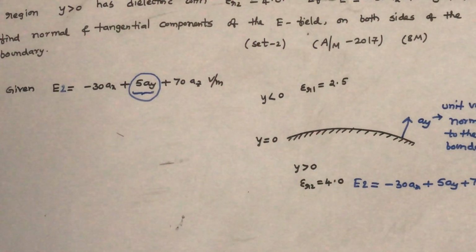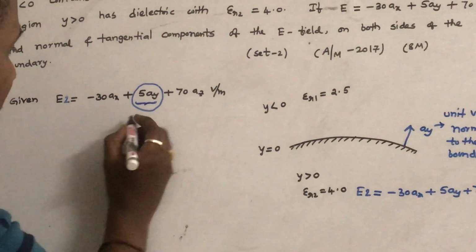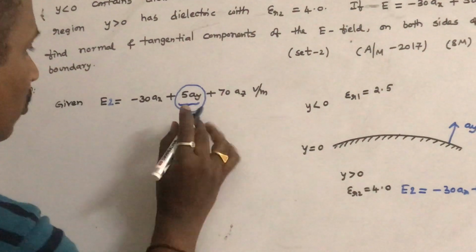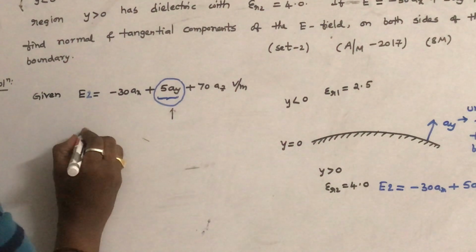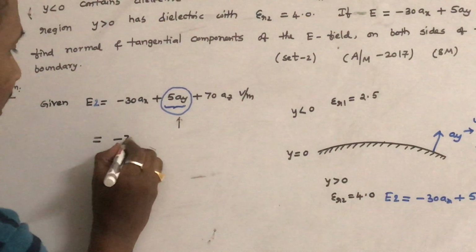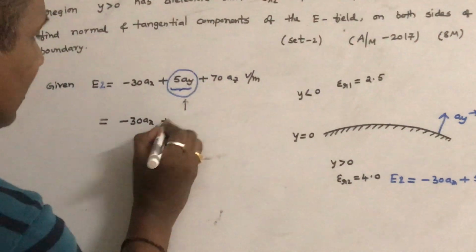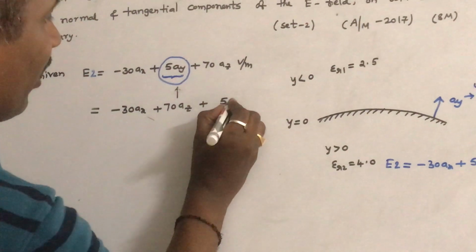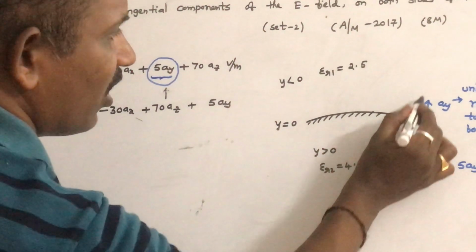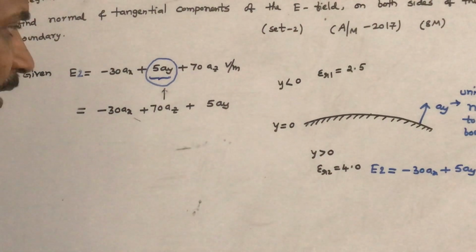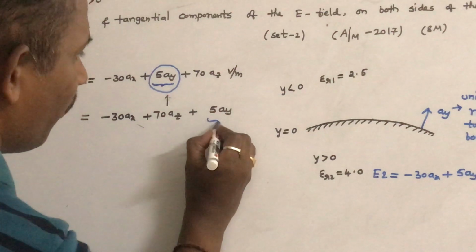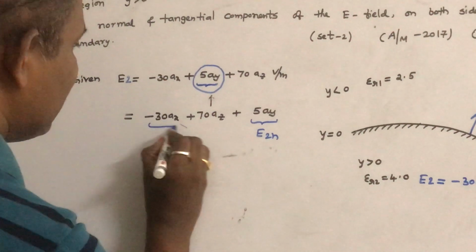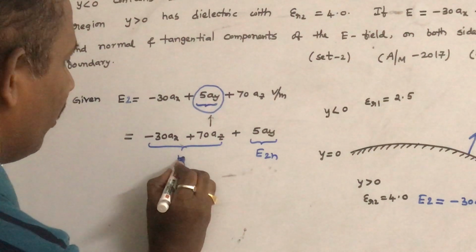Further, simplifying, write minus 30 ax plus 70 az on one side and separate the term 5 ay. Because ay is the unit vector normal to this boundary, this component is the normal component, written as E2n. The other component is tangential to the boundary.